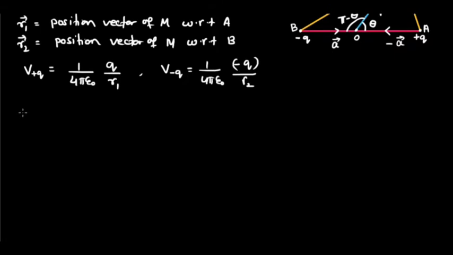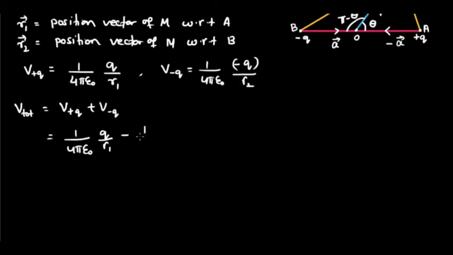So the total electric potential V total will be how much? The sum of the two potentials, V plus Q plus V minus Q. So in place of V plus Q, I can write 1 by 4 pi epsilon naught Q by r1, and in place of V minus Q I can write this value.